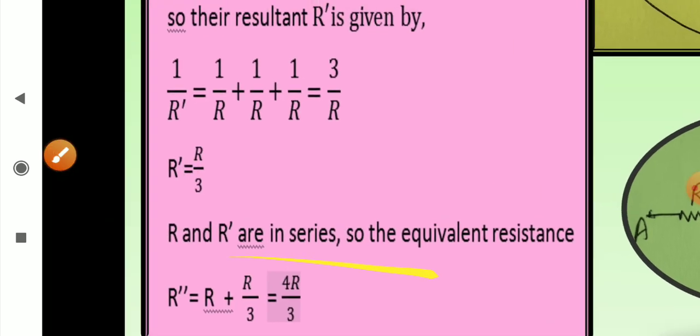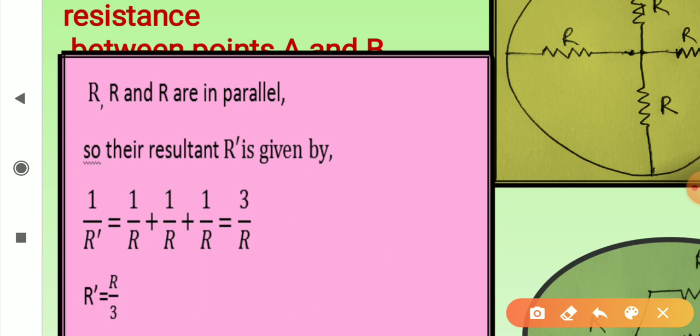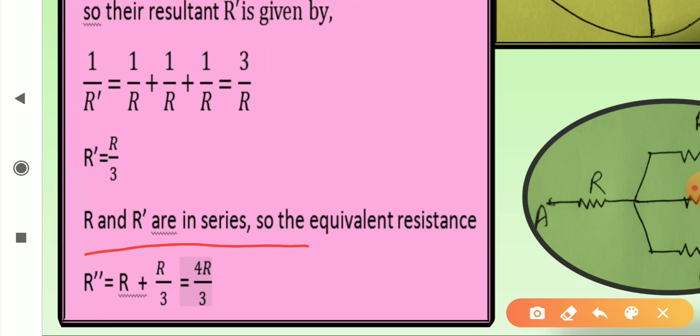So let us look at the solution also. See, R in parallel, so the resultant R dash is 1 upon R plus 1 upon R plus 1 upon R, 3 upon R. So R dash is R upon 3, and now R dash and R are in series, so the equivalent will be R plus R by 3, that is 4R by 3.